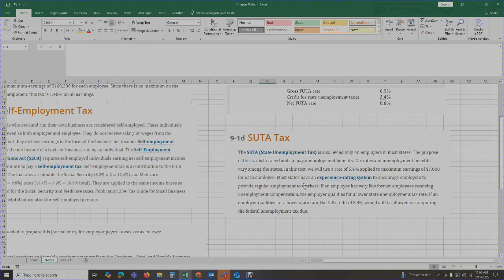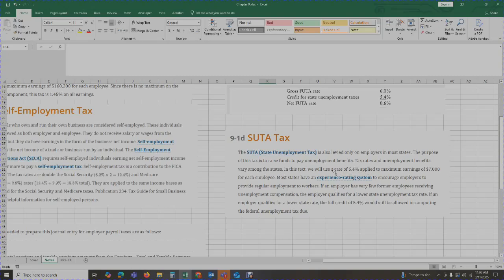But states have an experience rating system that encourages employers to provide regular employment to workers. Depending on how many people you send to the unemployment office, and a whole bunch of other factors, is what your rate is comprised of. Okay, we're not going to worry about how the rate is comprised in this particular course. Rather, we're just going to worry about the calculation of the state unemployment tax using the rates provided.